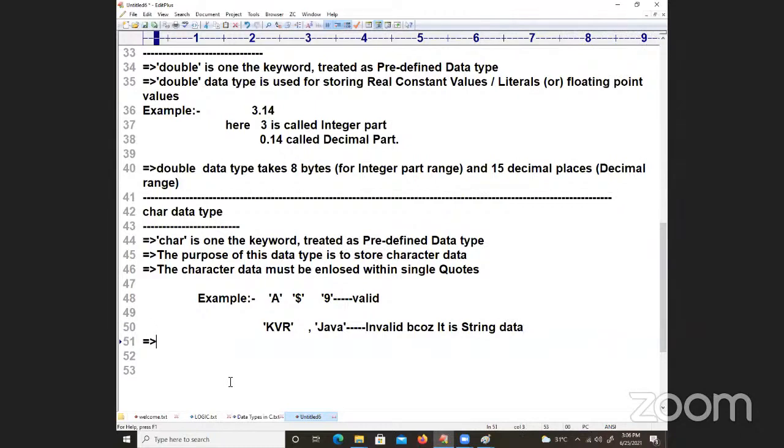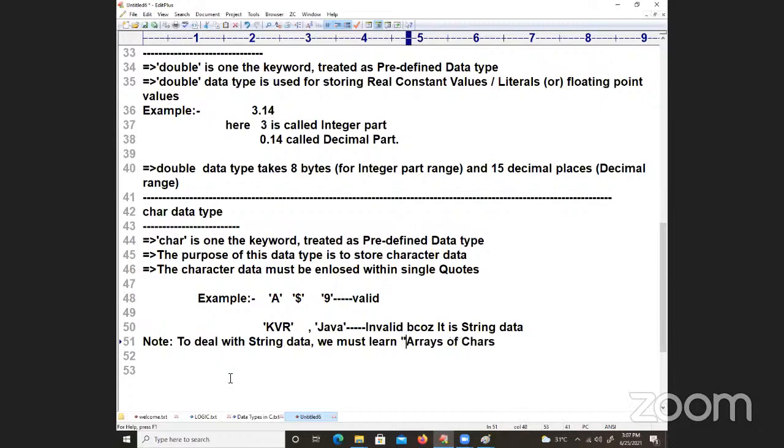One note point I will write: to deal with string data, we must learn array of characters. The arrays concept is there. This is a topic name.